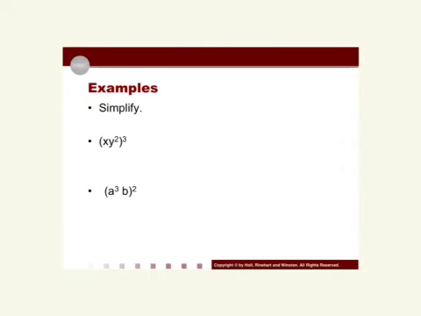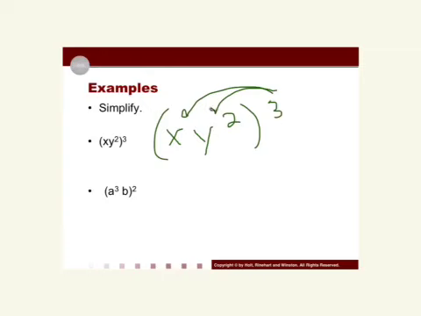Alright, let's do two more examples here where we utilize the power of a product property. Here we have x y squared to the third power. When we have a power outside a set of parentheses, we take that power and we raise each base to that exponent. So x y squared cubed, we're going to take that third power and give it to each base.